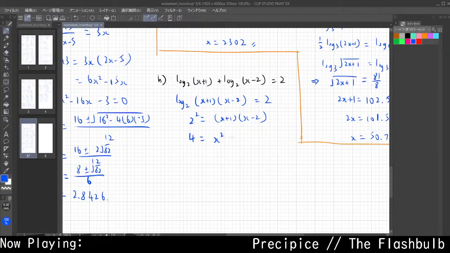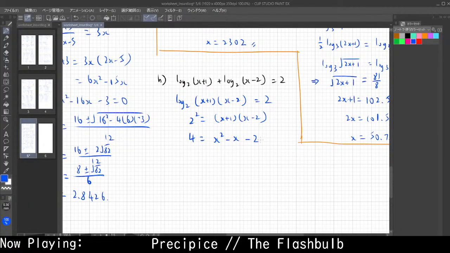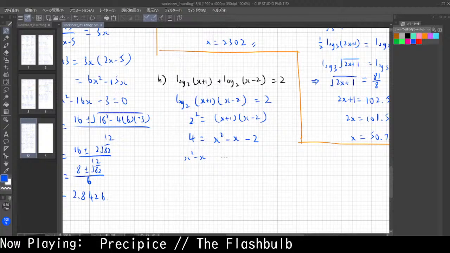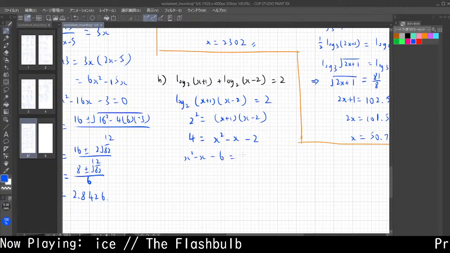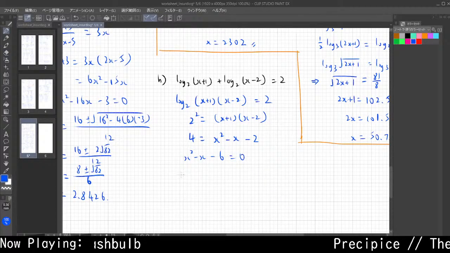Expand the right hand side: x squared minus 2x plus x minus 2. x squared minus x minus 2 minus 4 equals 0, so x squared minus x minus 6 equals 0. This is definitely factorizable.